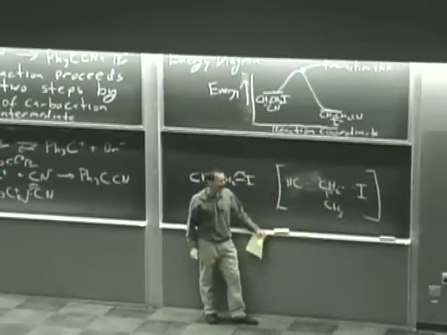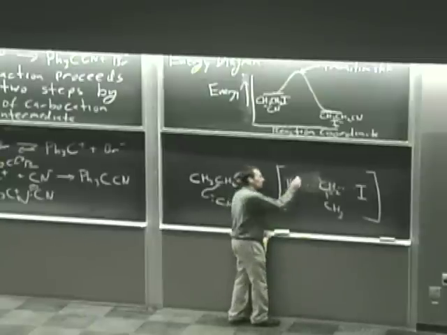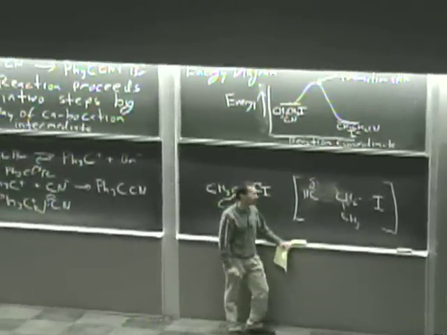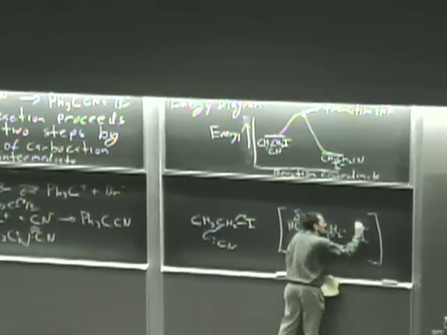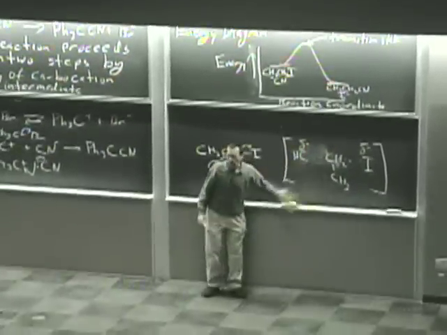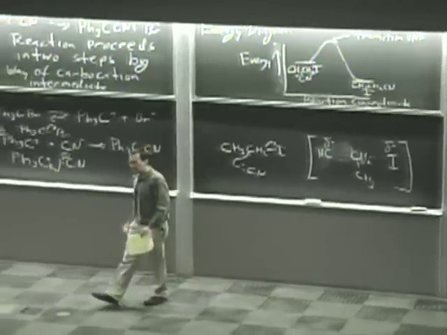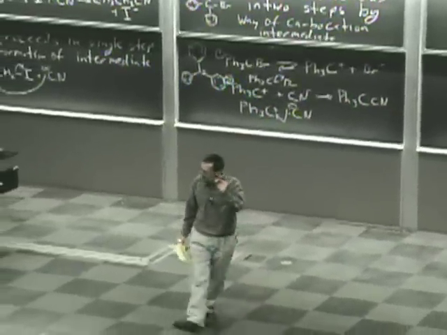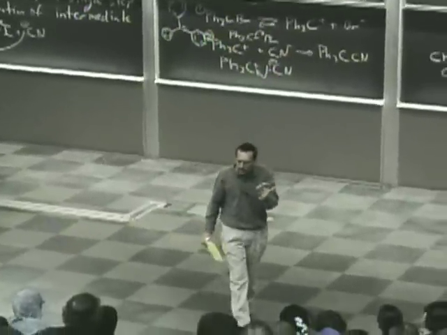We have part of our negative charge, not necessarily quite half, but somewhere around half, on the cyanide, part of our negative charge on the iodide, partial bonds. This species exists for a fleeting instant. This is not an intermediate.